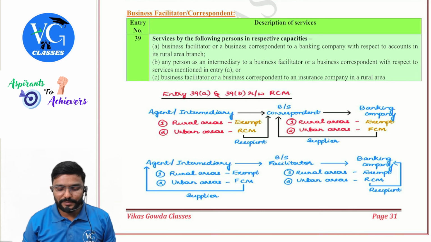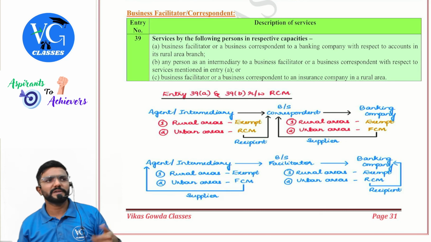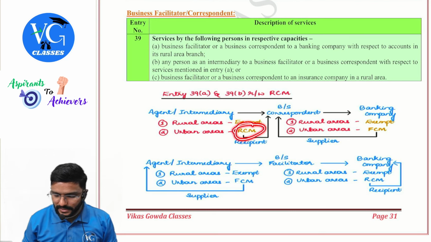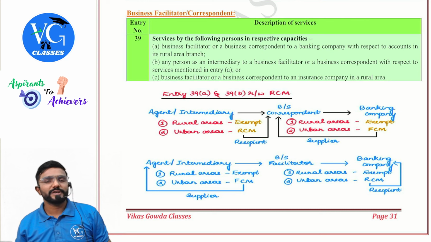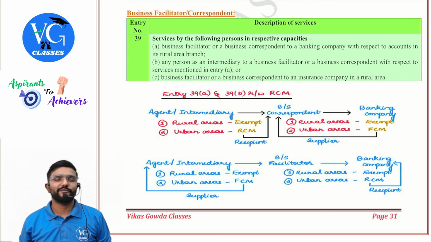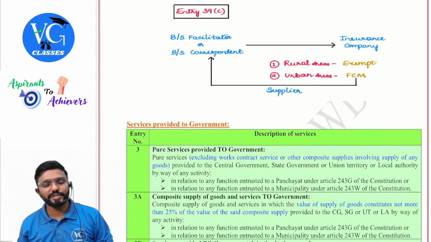If it is with respect to urban area branch, supplier will pay tax under FCM because this is not covered in RCM. In RCM, only two things are covered, this and this, guys. First check exemption, RCM. If not covered in exemption as well as RCM, what is applicable? FCM, forward charge mechanism.